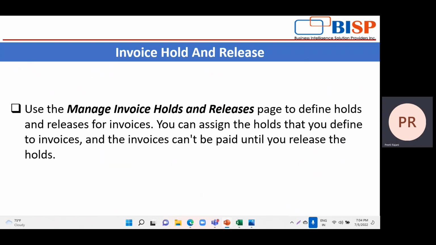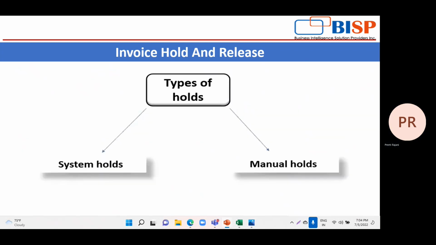Use the manage invoice holds and release page to define holds and release for invoices. You can assign the holds that you define to invoices, and the invoices can't be paid until you release those holds. There are two types of holds, that is system holds and manual holds.